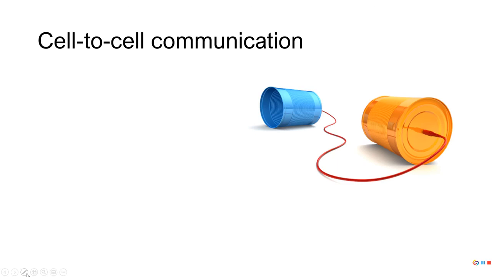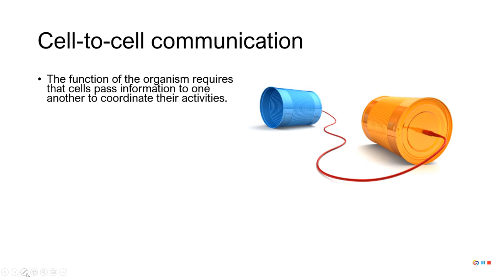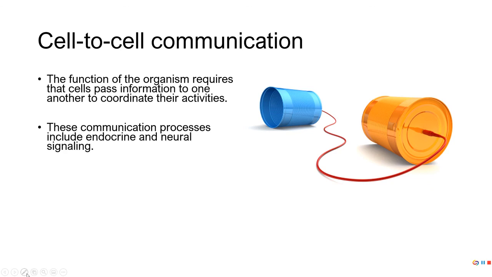In order for you or any organism to function, we have to coordinate what's going on. We do this by cells having the ability to send signals from themselves to another cell. This can take on 2 pathways, basically the endocrine or hormonal pathway, and the neural pathway, which uses neurotransmitters.